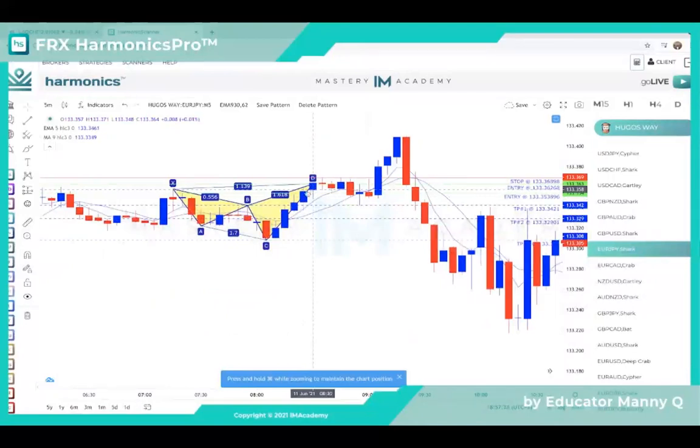Remember this, the harmonic scanner is a strategy in the market. It is not a golden ticket to always let you know what's happening. Harmonic patterns can form out of randomness, meaning that if the market is just pushing down and pushing low and pushing down, like taking a dice and rolling it, you might land on a snake eyes.